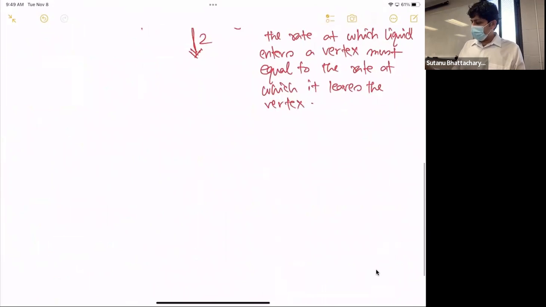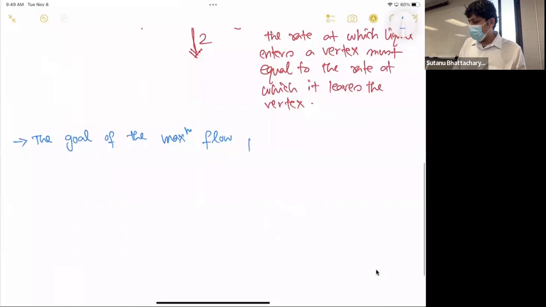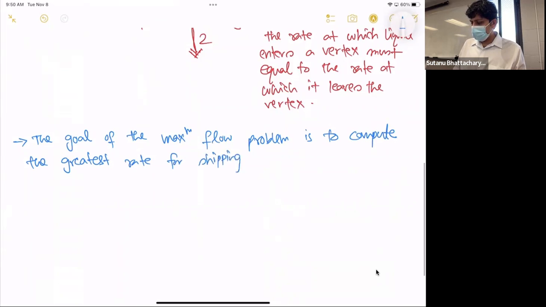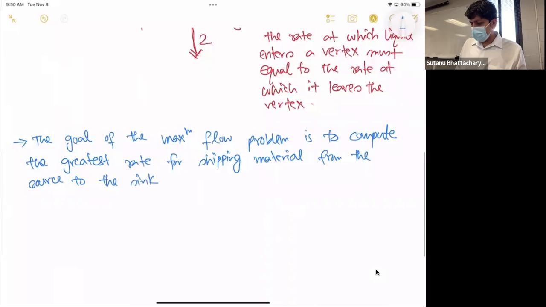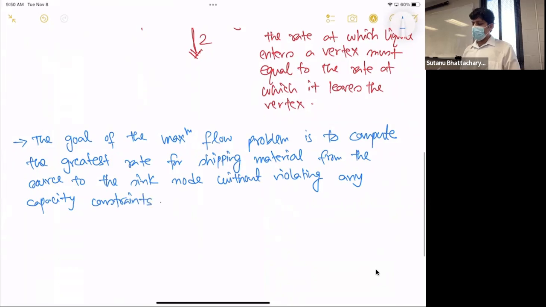So let me write the goal. The goal of the maximum flow problem is to compute the... This is the goal.